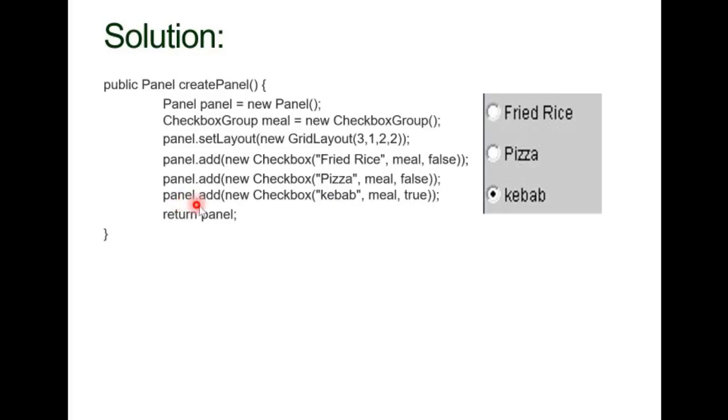Next one is panel dot add new Checkbox, kebab, very tasty food. Then the CheckboxGroup object meal, comma, then we put true. True means this is selected. Then we return the panel.